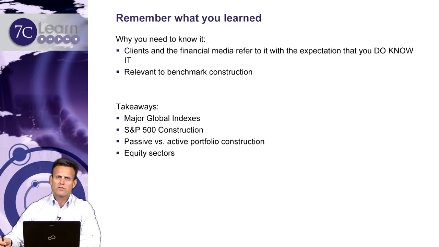We also looked at how indexes might get applied in asset management from either a passive manager who's going to use that index to replicate it, or an active manager who might go underweight or overweight different components of an index, might still be benchmarked against that index, but the actual portfolio construction would be slightly different than what the actual index is. And then we talked about equities as being either cyclical or non-cyclical, or when we say non-cyclical, the potential for those securities to be defensive plays.